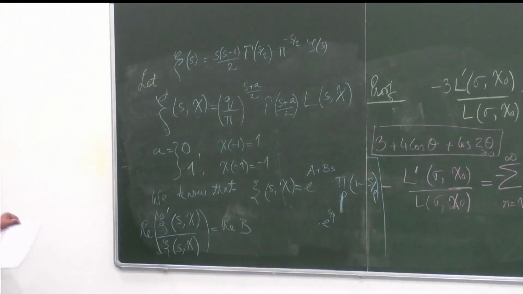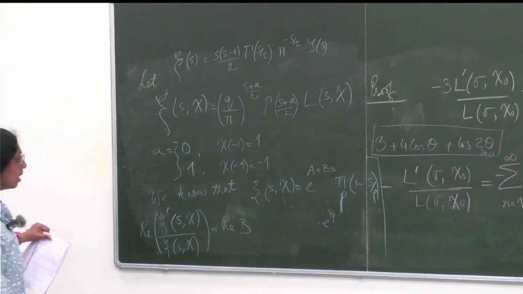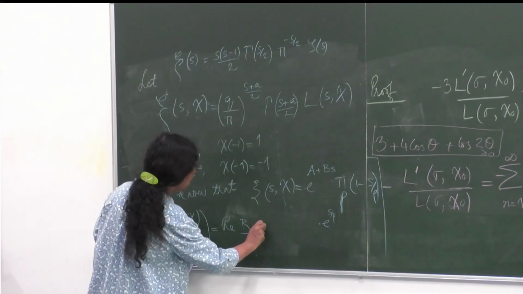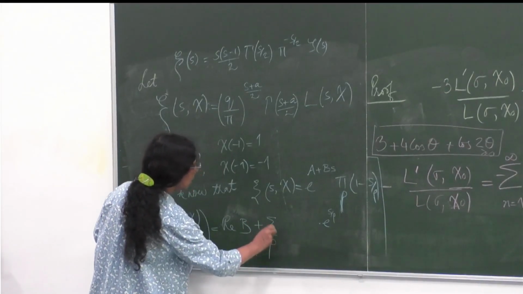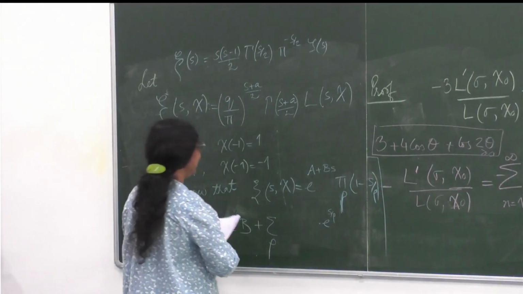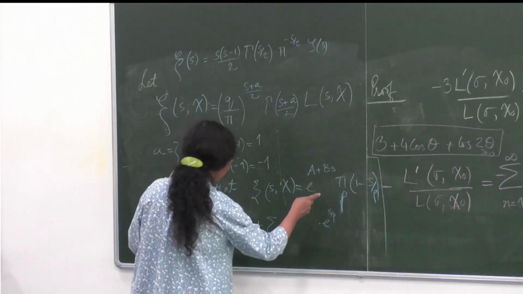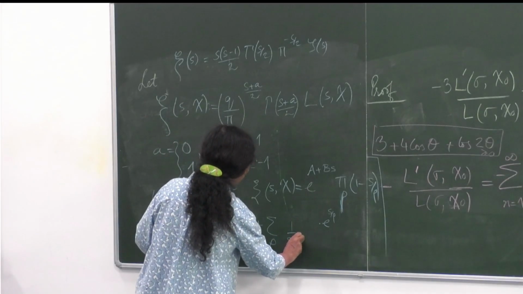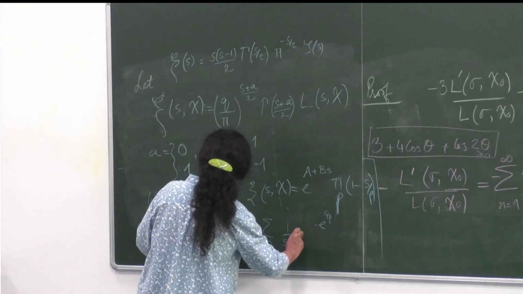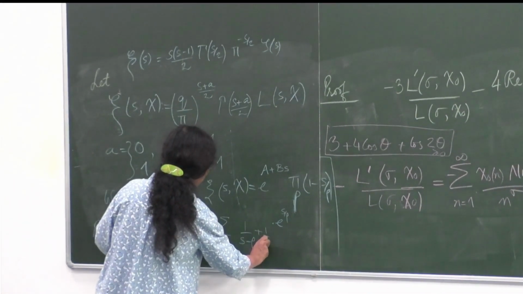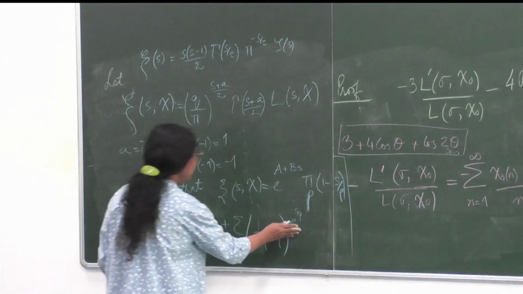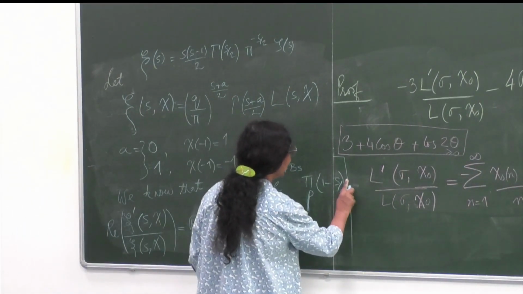Good. Then from the product, what will you get? You'll get a sum over rho, where rho are the other zeros, and this will become 1 upon s minus rho plus 1 upon rho. Is that okay?